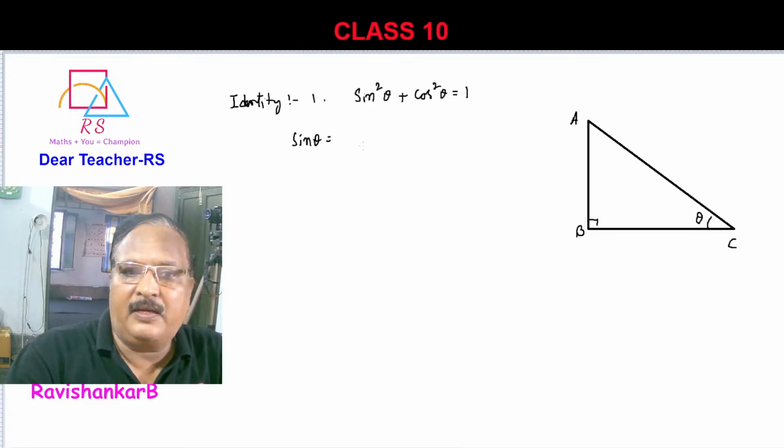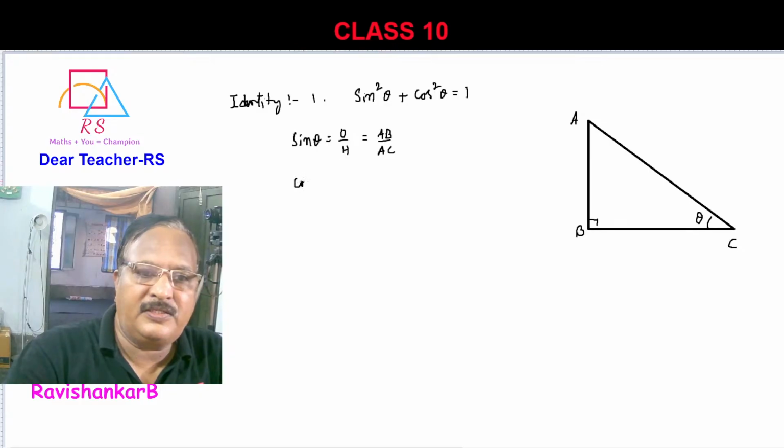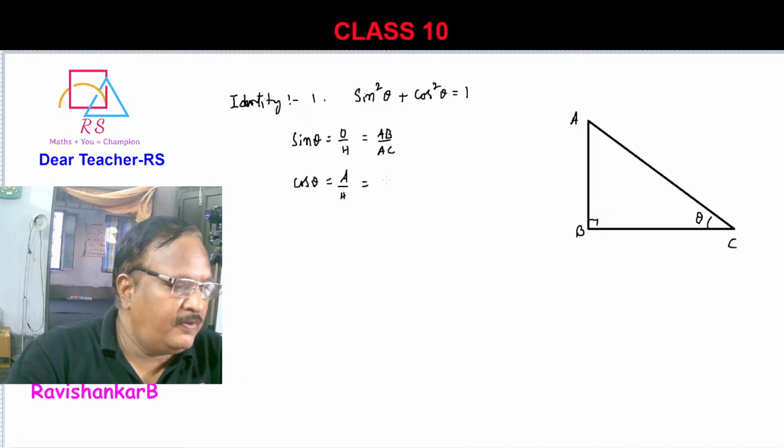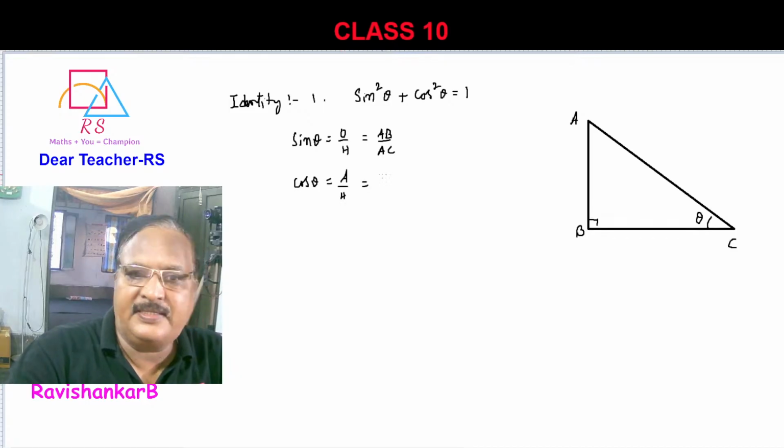Opposite side by hypotenuse, so opposite side is AB upon AC. Same way, cos theta is adjacent side by hypotenuse, which is BC upon AC.